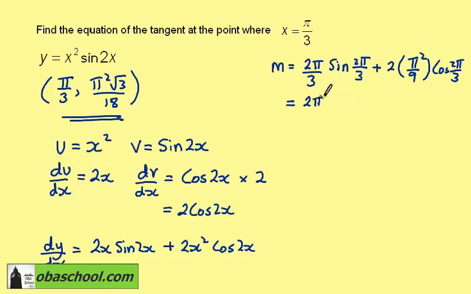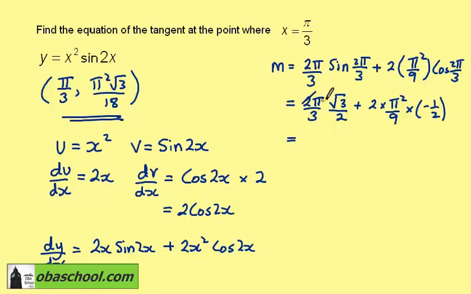The sine of 2π/3 is the sine of 120, which is root 3 over 2. The cosine of 2π/3, the cosine of 120, is minus a half.